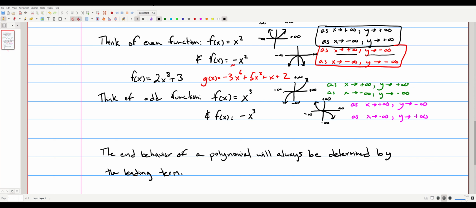And so, in the same manner, if we have a polynomial that has an odd power as the leading power for the leading term, the end behavior of this function is going to match the end behavior of x cubed.